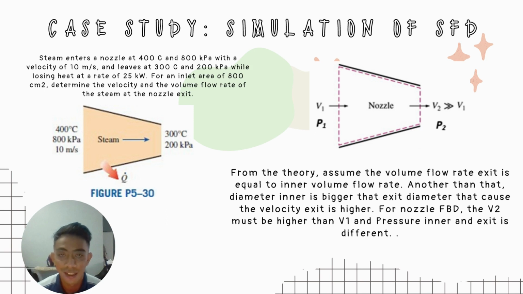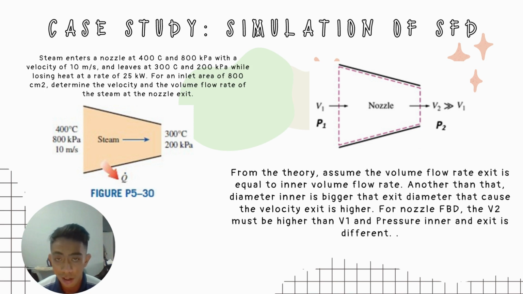So, case study. Simulation of steady flow device. So, we get the question. Steam enters a nozzle at 400 Celsius and 800 kilopascal with velocity of 10 meter per second, and leaves at 300 Celsius and 200 kilopascal while losing heat at rate of 25 kilowatt.